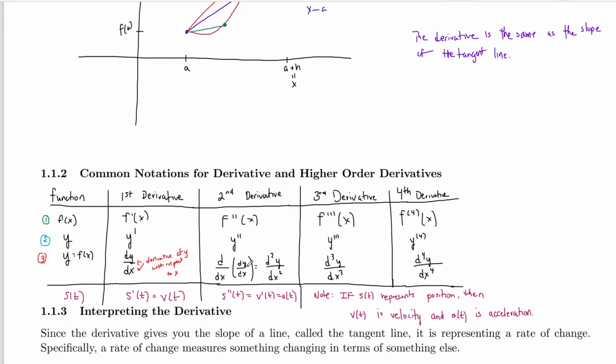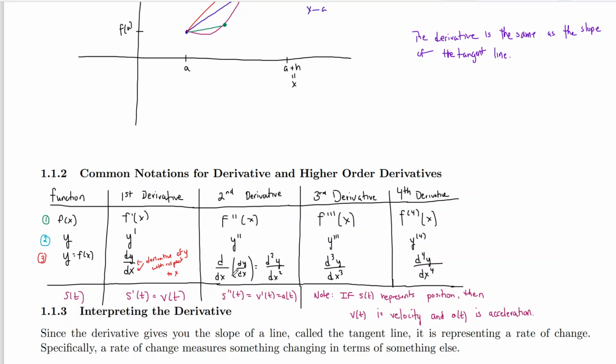Okay. Now, this is the weird one as far as when you go to higher order derivatives, you don't just do squared on each part. You put a squared on the d and then a squared on the x on the bottom. The reason is when you take the derivative, visually it's going to look like this. So we have d over dx and then dy, which gives us 2 d's. That's why the square is on the d.